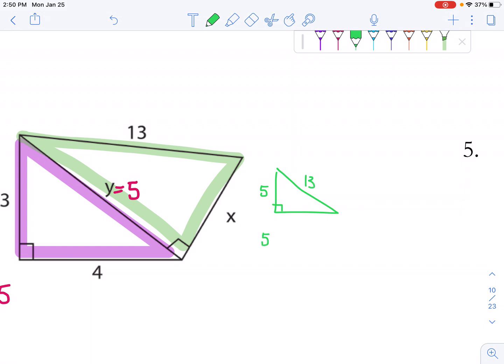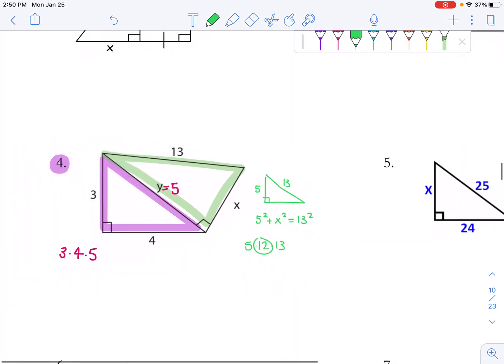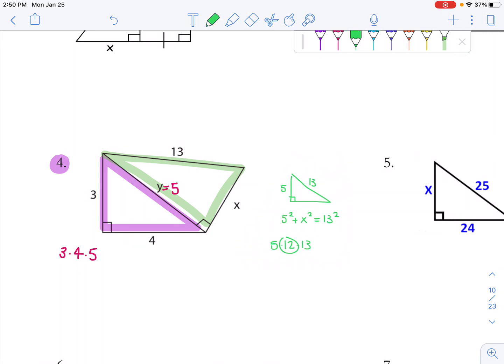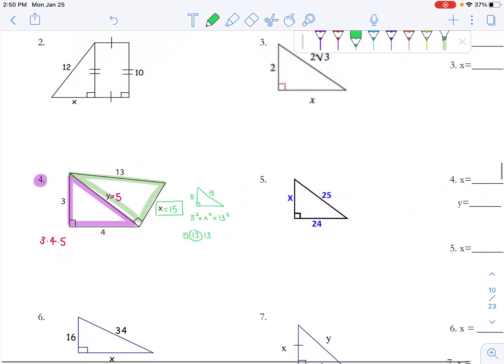Again, I could do the Pythagorean theorem, do 5 squared plus x squared equals 13 squared, but I know my triples. I have them memorized. This is a 5, 12, 13 right triangle. So I don't even need to do the whole Pythagorean theorem since I know my triples. So make sure you have your triples memorized.